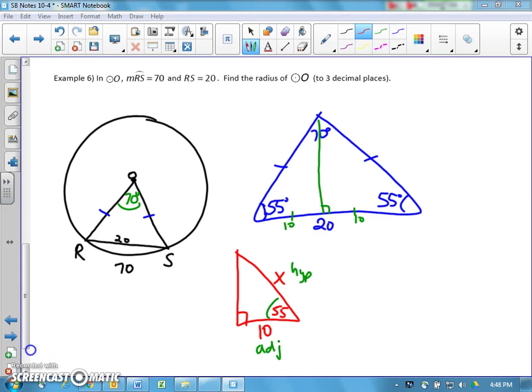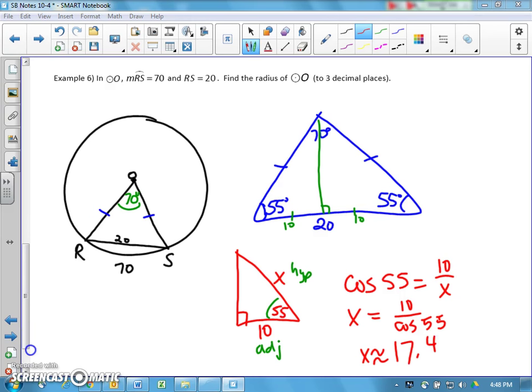Adjacent and hypotenuse means that we need to use cosine. So cosine of 55 would be adjacent over hypotenuse, multiply by x, and divide by cosine of 55. And this is what we have. And we can type this into our calculator and find x to be approximately equal to 17.434 units.